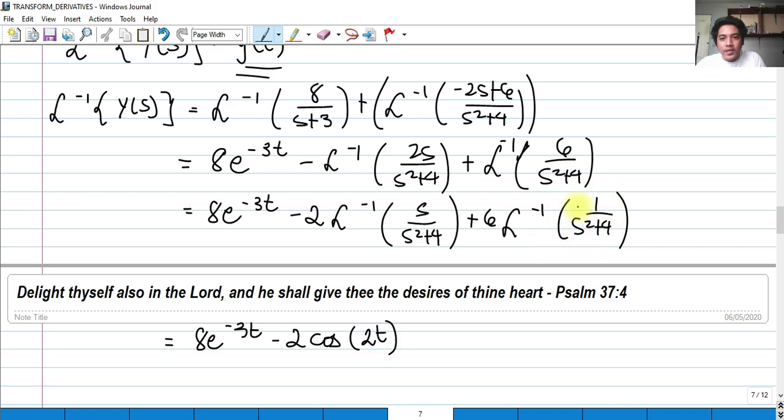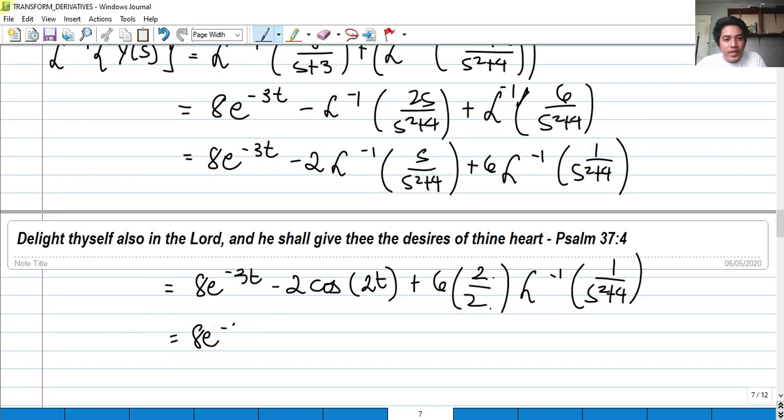And this one, we're going to multiply by 2 over 2, because we want this numerator to become 2 in order for us to evaluate its inverse Laplace, which is going to be sine.